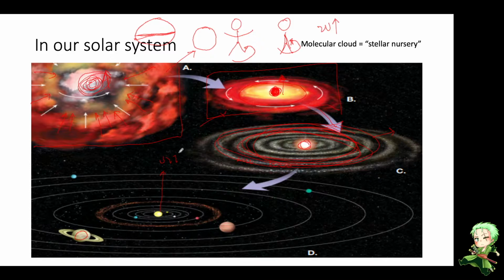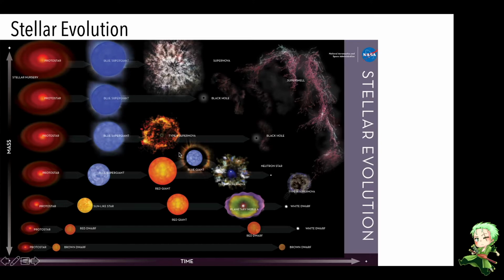Now let's try to generalize that in the case of stars. So allow me to turn this off. In the case of stars, this is a stellar evolution graph that we see. This is from NASA. So the same with the evolution of our sun or sun-like stars generally.